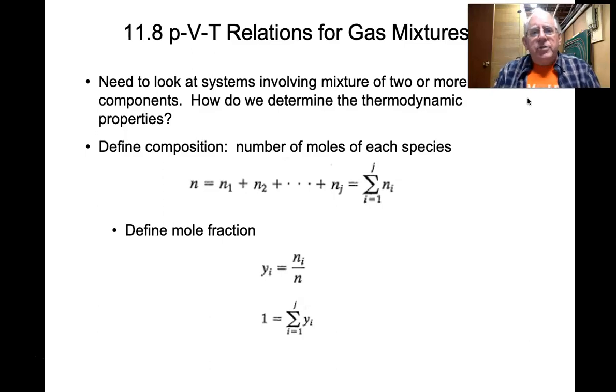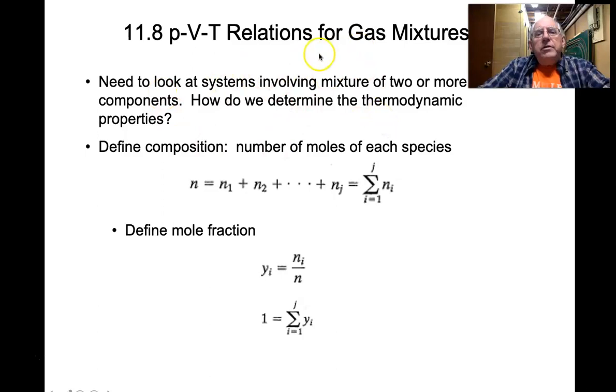But when we have a mixture of pure substances, how do we go about determining the various pressure, volume, temperature relations, as well as enthalpy, internal energy, and entropy? How do we determine the value for the ensemble of multiple pure substances together?